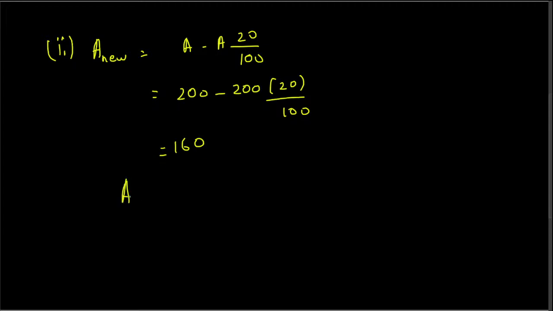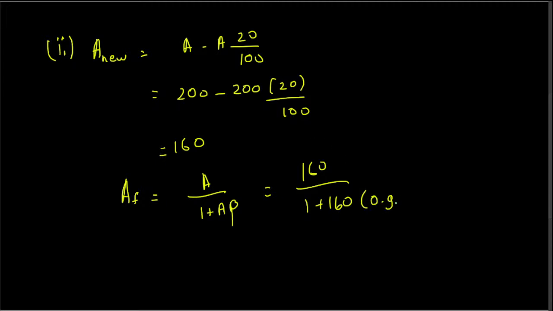Now we find out the closed loop gain. AF is equal to A over 1 plus A times beta. And A is 160, so we put 160 right here, 1 plus 160. For the 200, when A is equal to 200, we found out the beta value to be 0.095. So we plug that one right here.